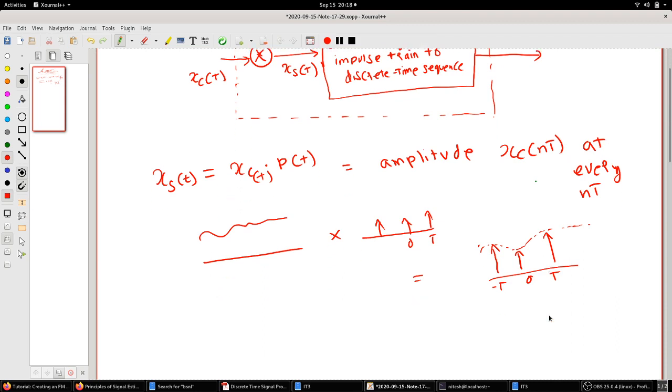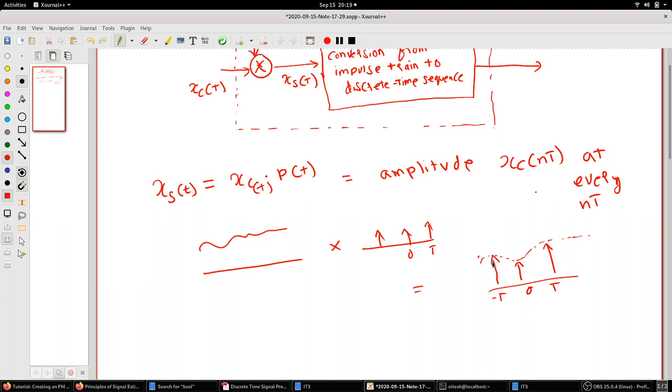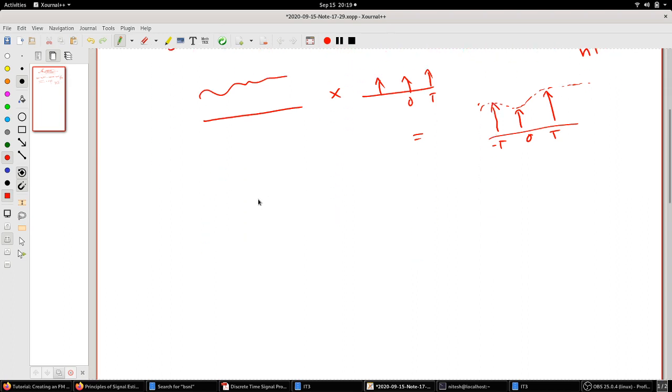Now this xs of t is still an impulse train but of varying amplitudes. This is converted into x of n by making x of n equal to xc of nT.